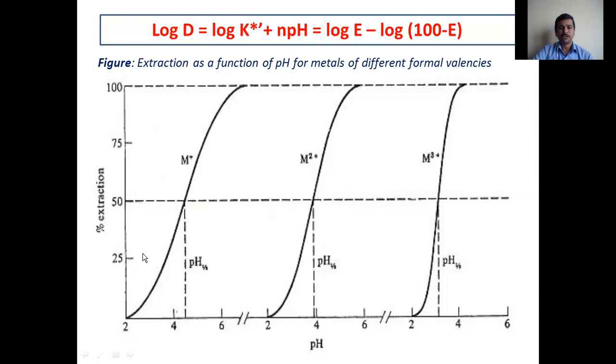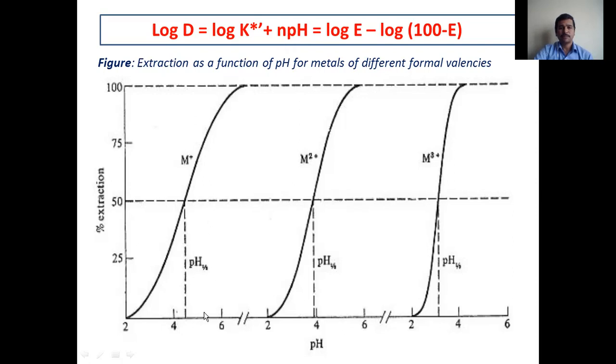How will the extraction efficiency vary with respect to pH? For monovalent ions, the range of pH to achieve 100% extraction is very wide.